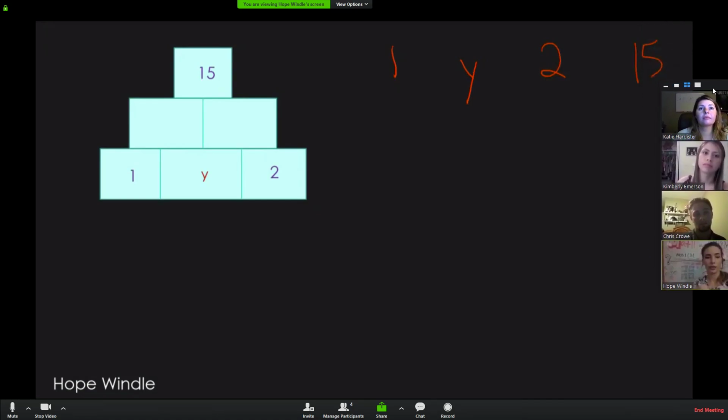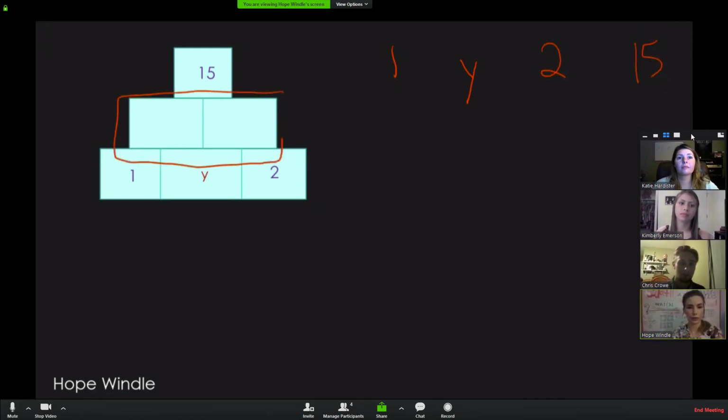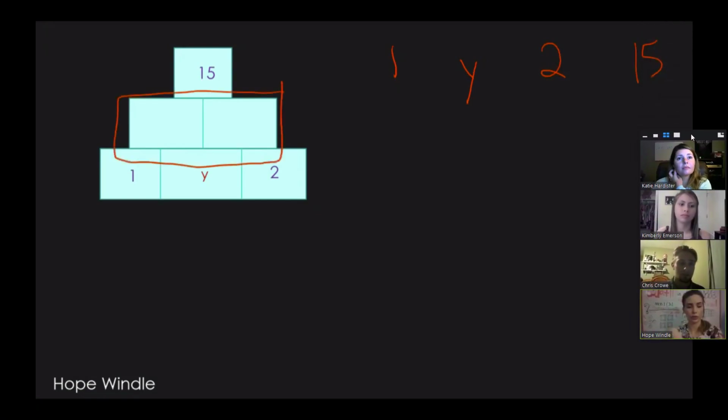And we know that we're looking for these 2 squares. So we're going to write everything relative to y. So we know that this square is equal to 1 plus y. This square is equal to y plus 2. And then all of these together equal 15.